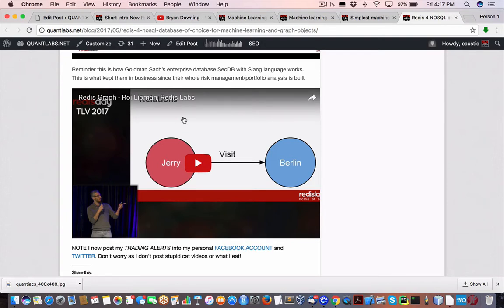So any person that wants to put a trade into Goldman Sachs has to be approved through the SecDB internal database, as well as all the risk metrics that are driven through the database. That's SecDB, on top of using Slang to talk to it.